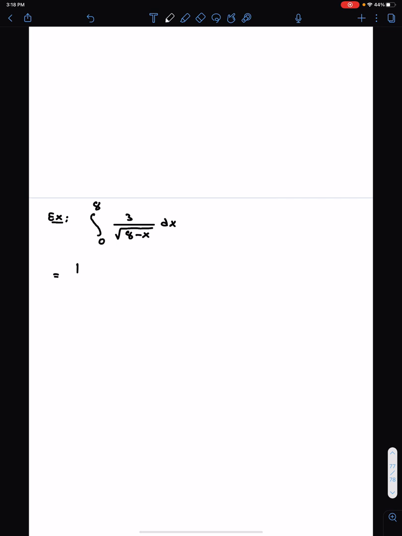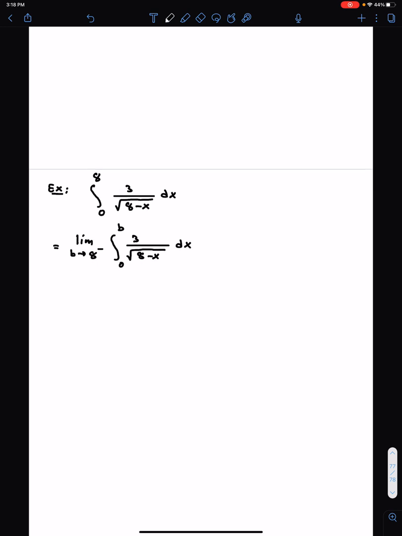So this is the limit as b approaches 8 from the left side of the integral from 0 to b of 3 over the square root of 8 minus x dx.